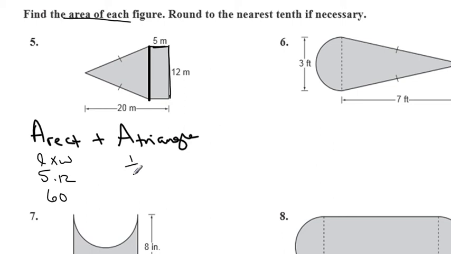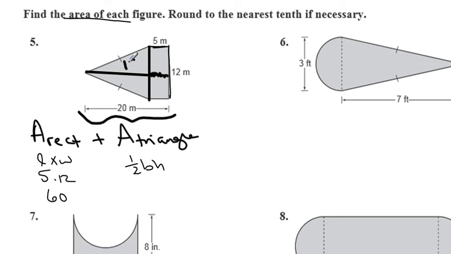The area of the triangle is 1/2 base times height, where my height is perpendicular to my base. And if you notice, the whole thing is 20. So if we went all the way down, it would be 20. So the whole thing is going to be 20 minus 5, because we don't have this 5, which is a part of the 20.